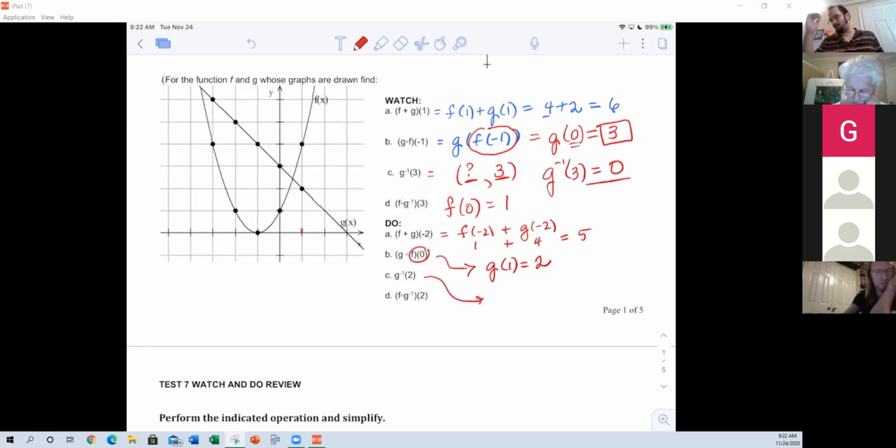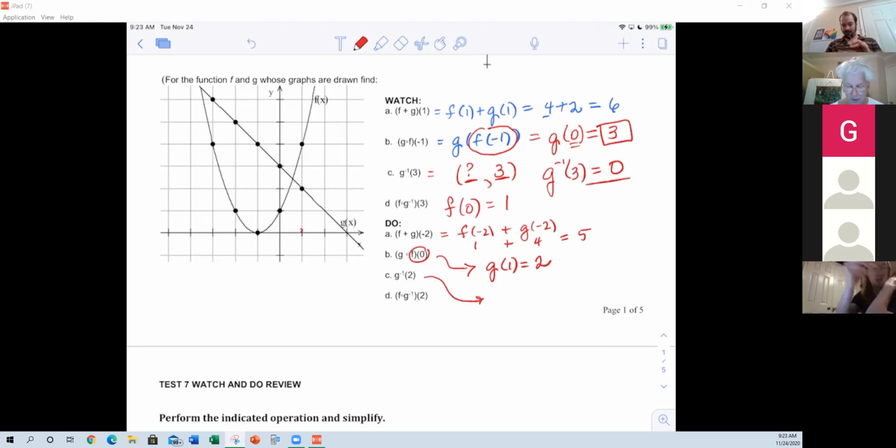That would be the inverse of 2. So, okay, let me write this out.